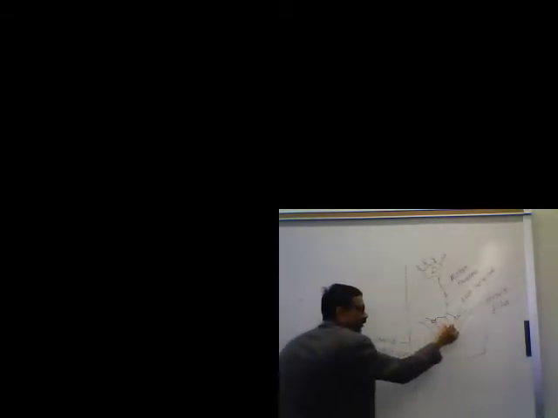So now I'll see only this part under a very powerful microscope. This is the axon terminal, and this is the muscle fiber.